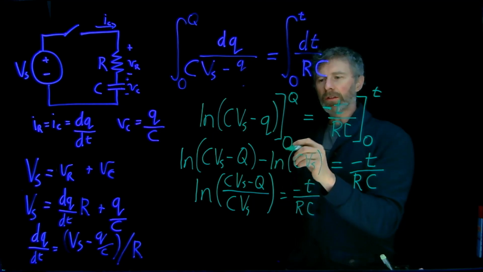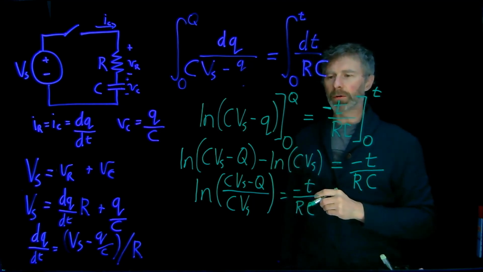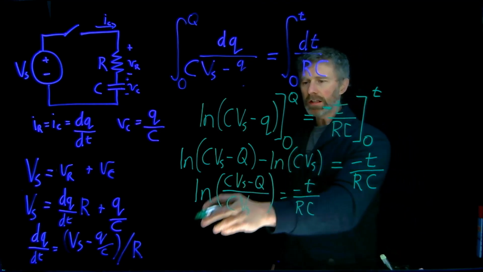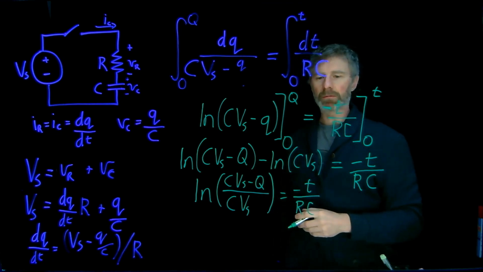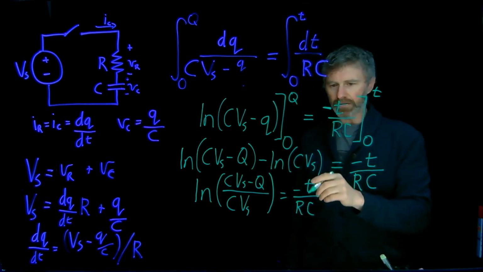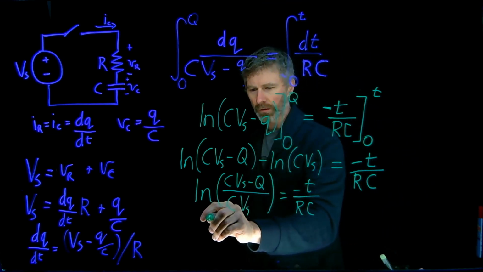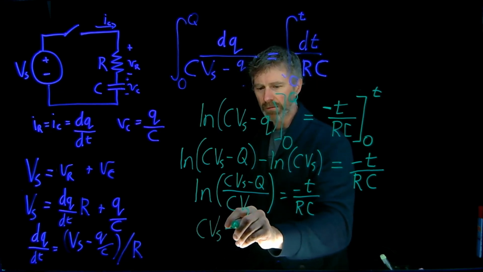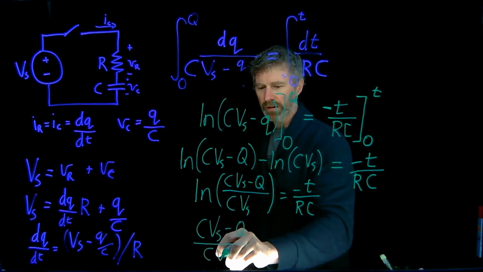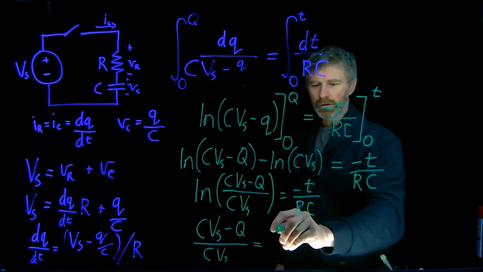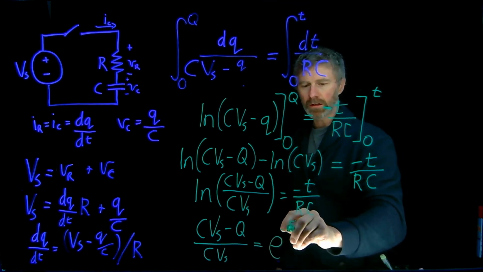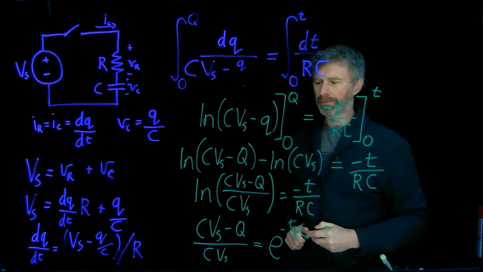Now, if I take the inverse log of both sides of this equation, e to the log of something is just going to be that something, and over here I'll get e to the negative t over RC. So I get CVS minus q over CVS is equal to e to the negative t over RC.